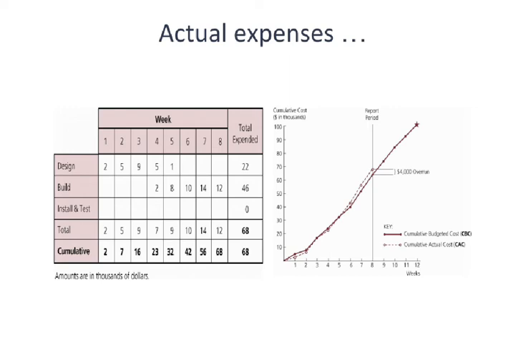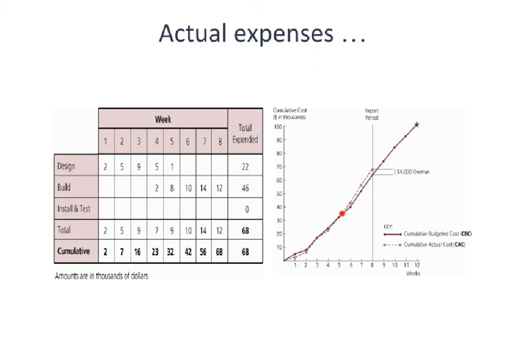So you'll notice over here, let me highlight this, early on we're actually performing better than expected. The cumulative actual cost is below the cumulative budgeted cost. But then time keeps going. So in this stage here, things come back more into alignment.